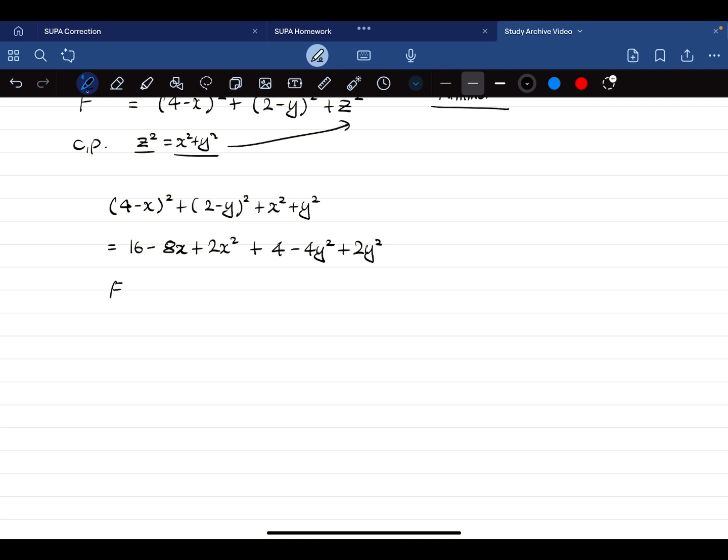We can get our critical points pretty easily by getting the derivative with respect to x and the derivative with respect to y. Sorry, there's no squared here.